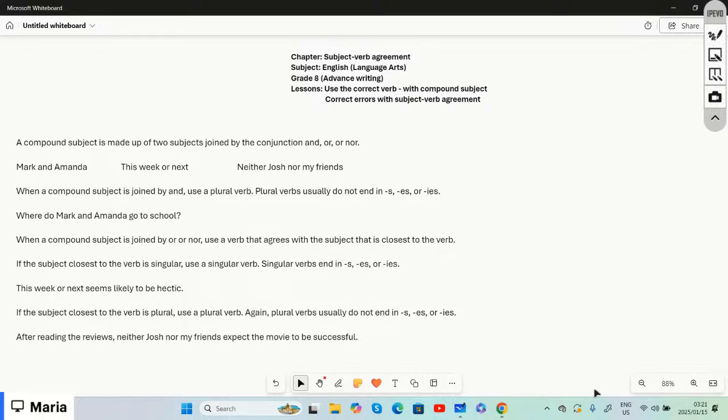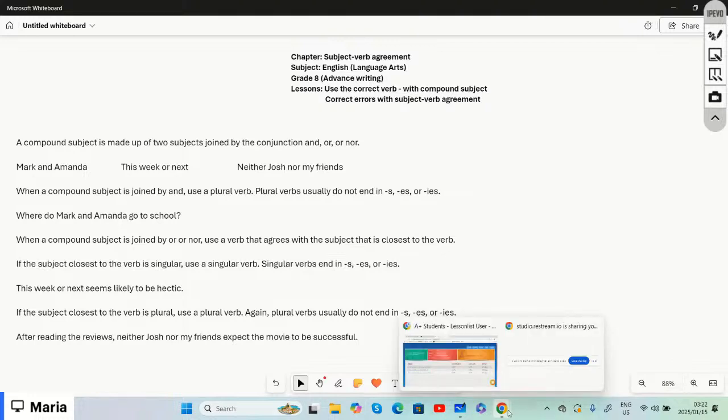And if our subject is plural, then the verb also needs to be plural. So we see that our subject needs to agree with our verb.